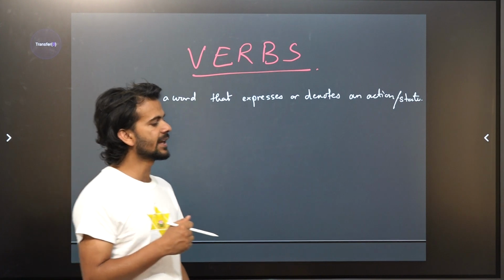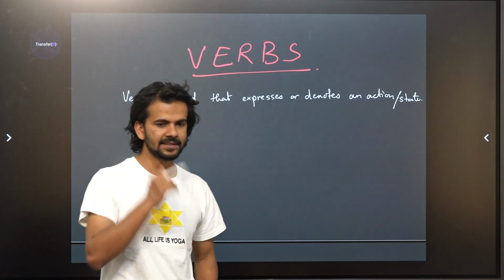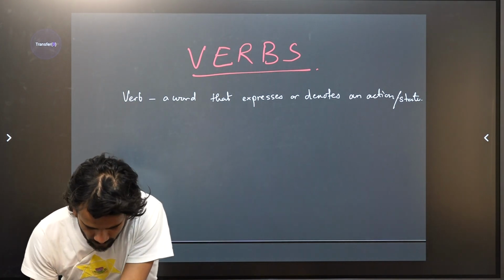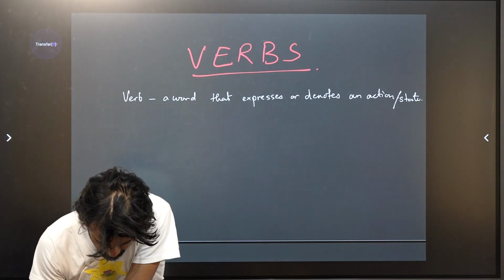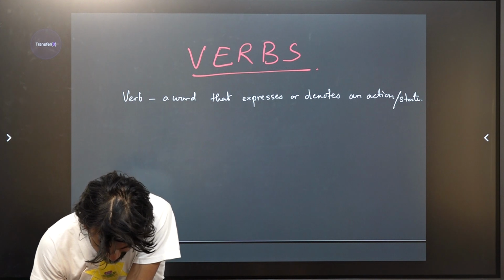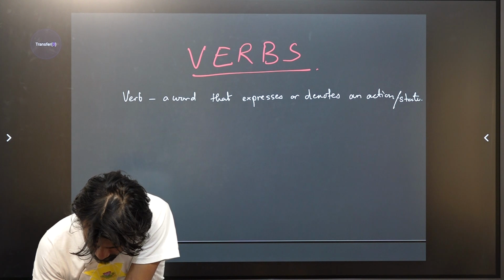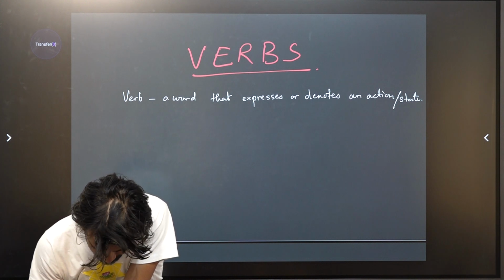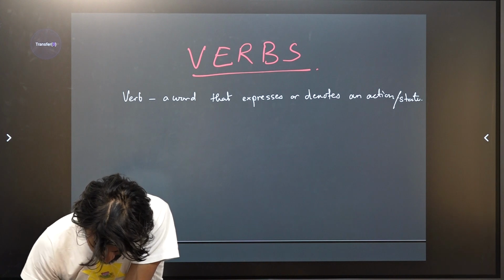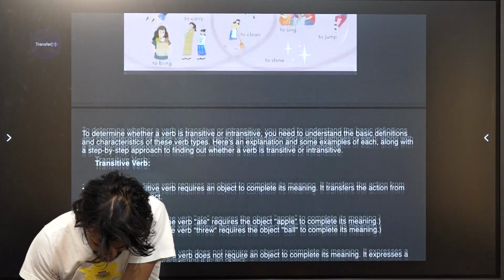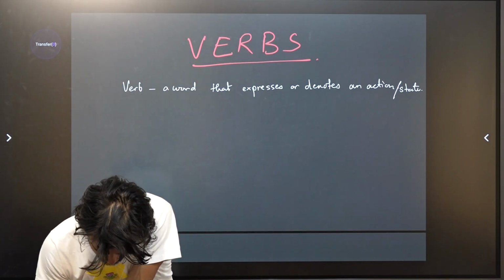Now, let's have a look at some sentences with some verbs. Okay, an easy one.